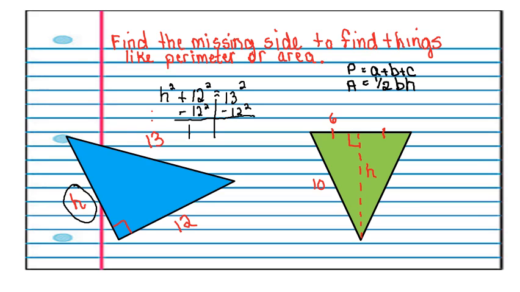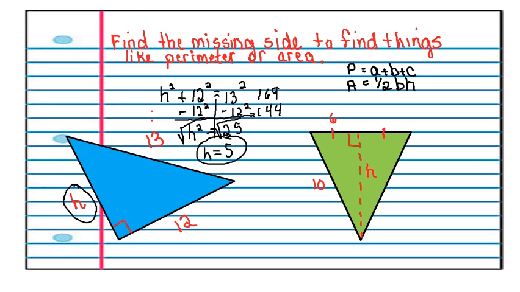And so basically what you have is h squared equals 13, which is 169, and the 12, which is 144. It's good to know your square roots up to 15 squared. Now gives us 25, and we're going to square root both sides, so h will equal 5.